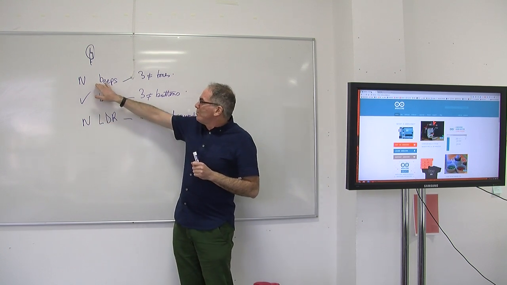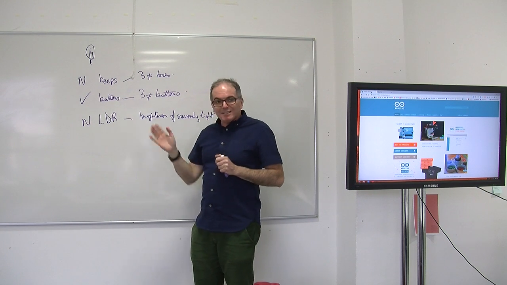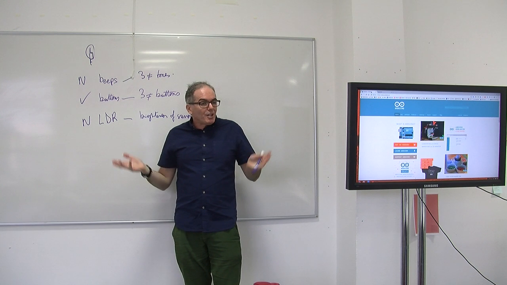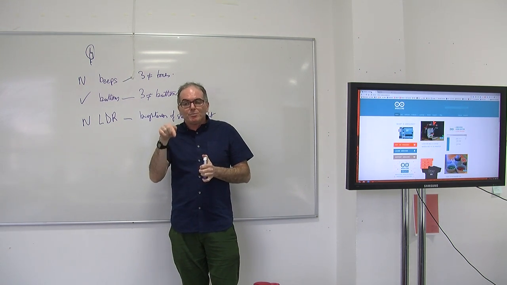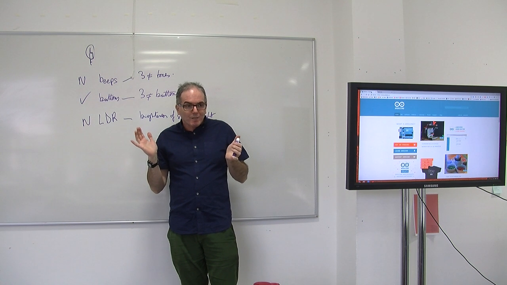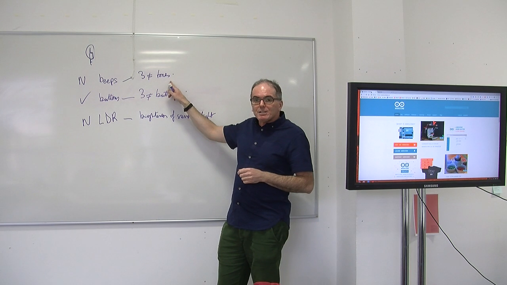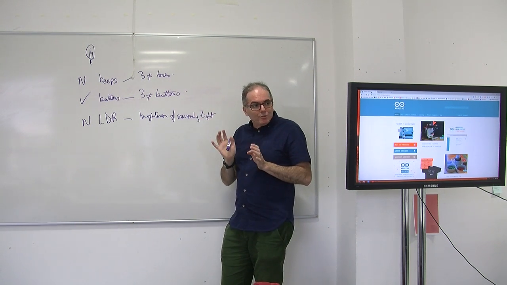When it comes to the beeps, we'll have a look, and when it comes to the LDR, we'll have a look. When it comes to the buttons, we know there's a button project where you press a button and something happens. We just need to have 3 of these buttons, because we want 3 buttons to have 3 tones, so we have a 3-key keyboard. So far, so good.